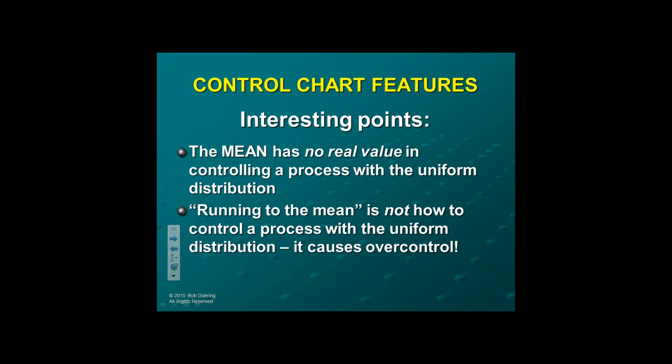And what's even more interesting is that running to the mean, which is what the poor operators have to do if they don't have a charting methodology, is really not how to control a process with a uniform distribution. In fact, running to the mean, which means adjusting constantly to try to keep it at the mean, is over control, something that you actually want to avoid because you become the process.